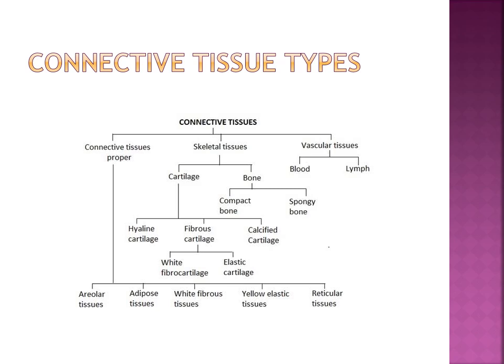It has a hard and non-pliable ground substance rich in calcium salt and collagen fibers, which gives strength to the bones. So it is the main tissue that provides a structural frame to the body. Bones support and protect softer tissues and organs. And bone cells, osteocytes, are present in the spaces called lacunae.